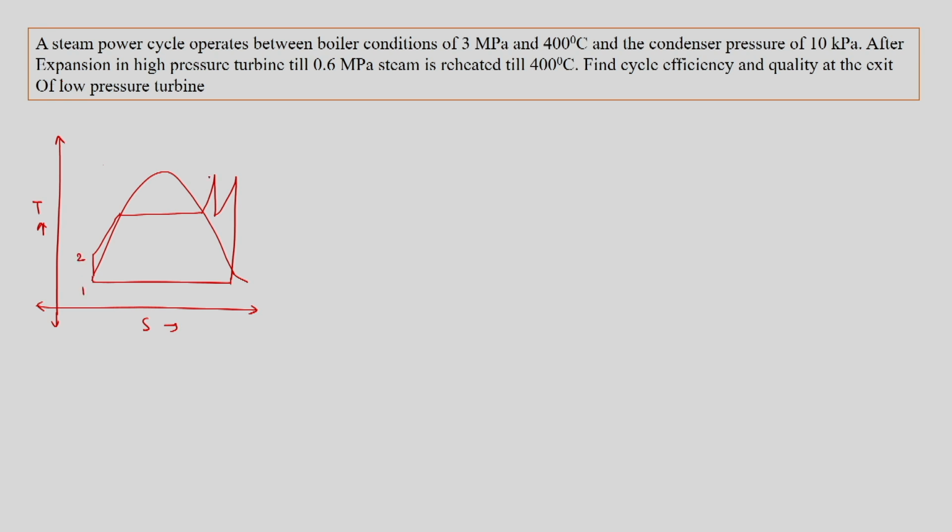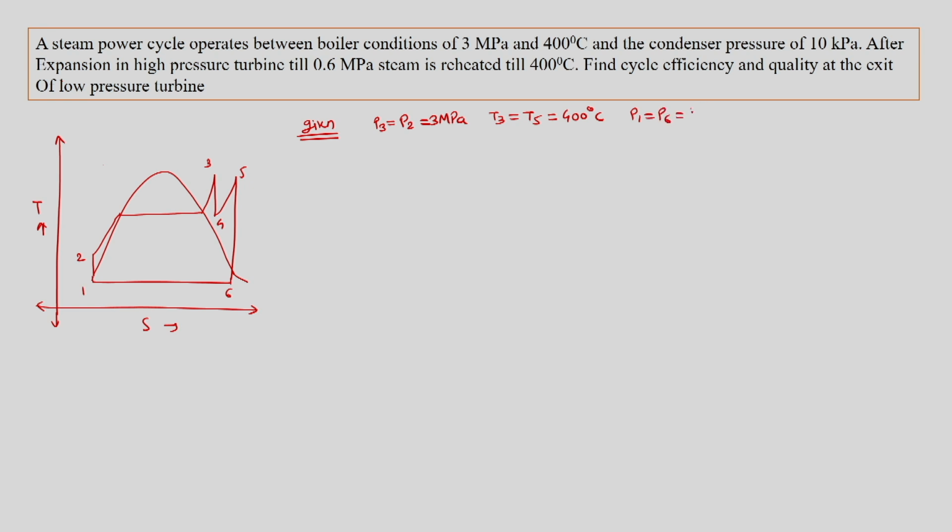So this is states 1, 2, 3, 4, 5, 6. Given is P3 equal to P2 equal to 3 megapascal. Then T3 is equal to T5 is equal to 400 degrees Celsius.